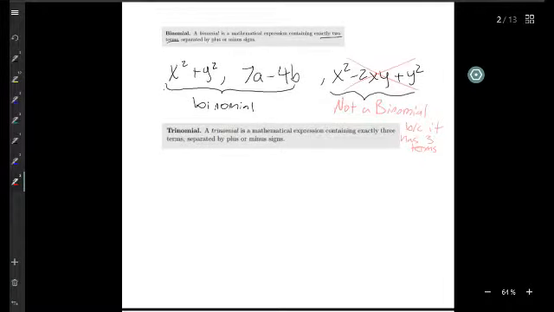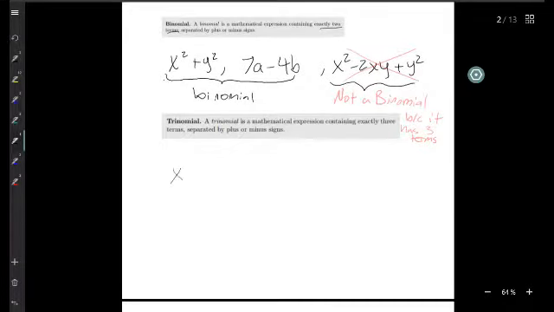Alright. It is a trinomial, though. We could put it down here. So, examples. This is an example of a trinomial because it has three terms. Tri being the prefix for 3, grouping of 3.